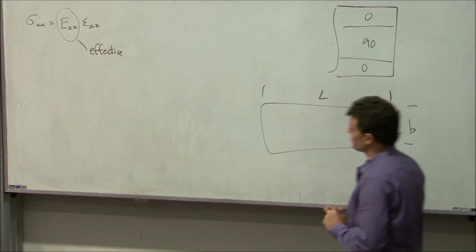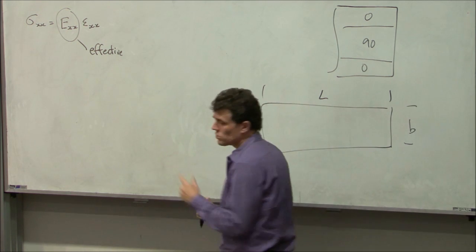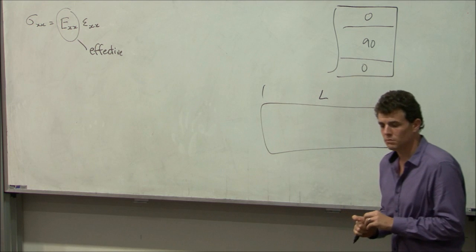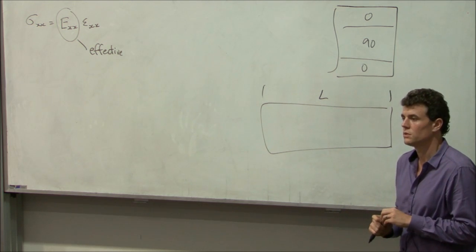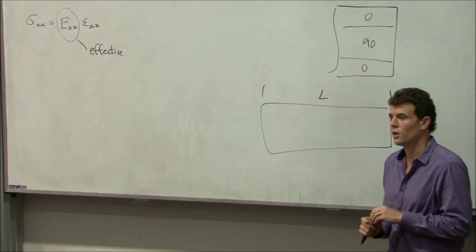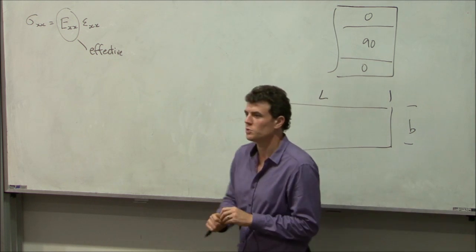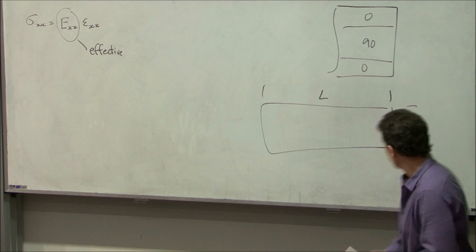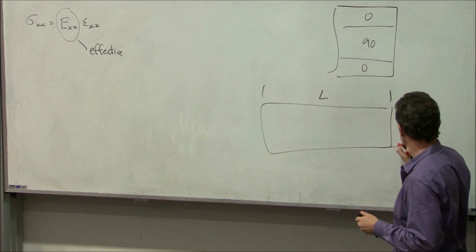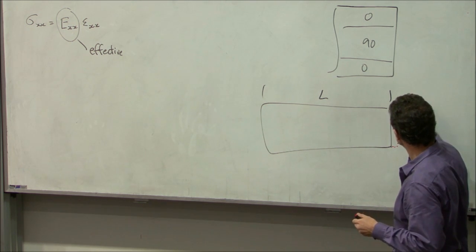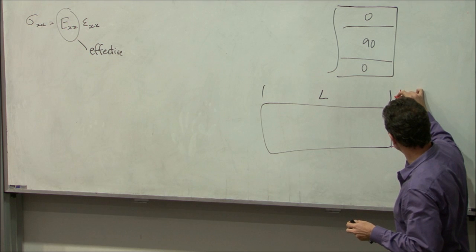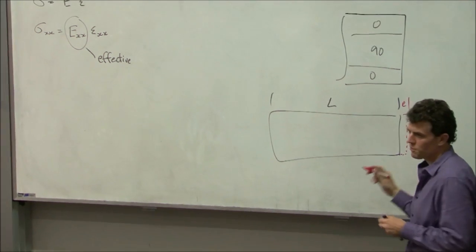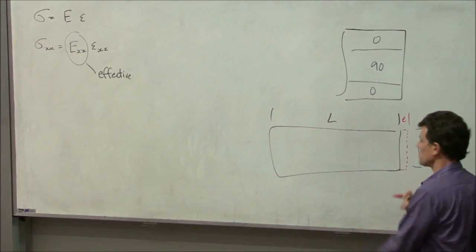Now, how did we measure the modulus of a metal bar? Remember I asked this from a fundamental perspective. We stretch it, or we apply a force to it, and we either stretch it and measure the force that it takes, or we apply a force and we measure the stretch.